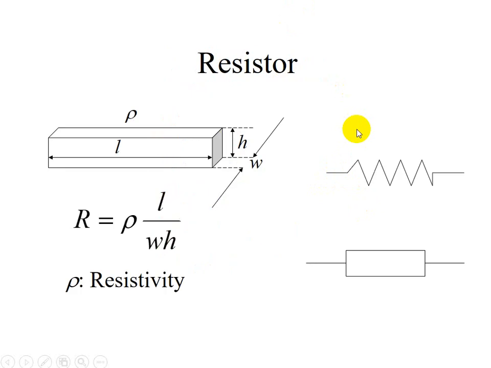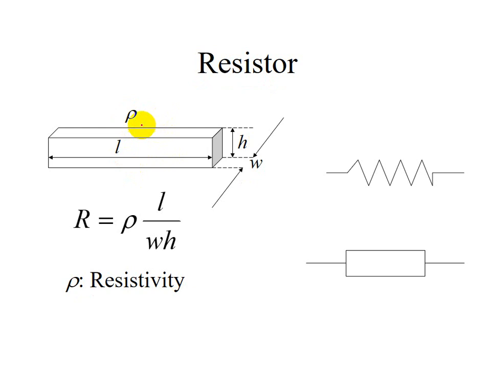First, let's look at the resistor. We use a line of resistor to describe its geometry, with length L, width W, and its height H. And we also use the symbol ρ representing the resistivity of the specific material.